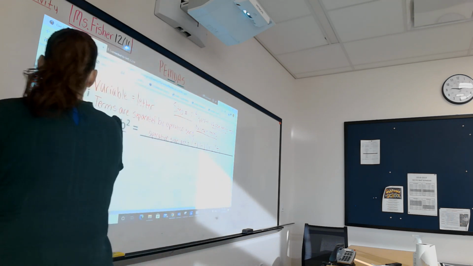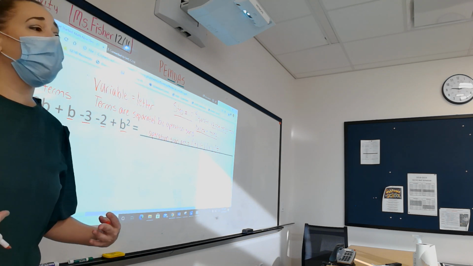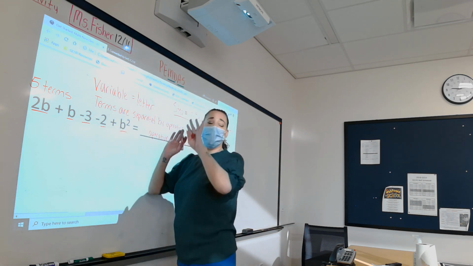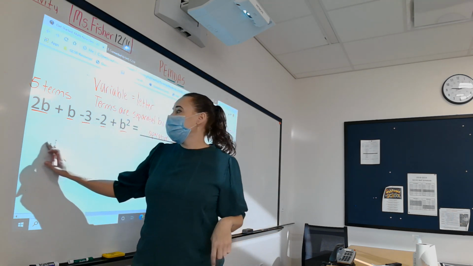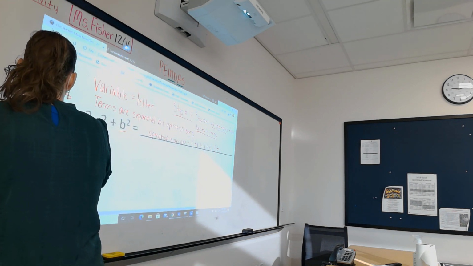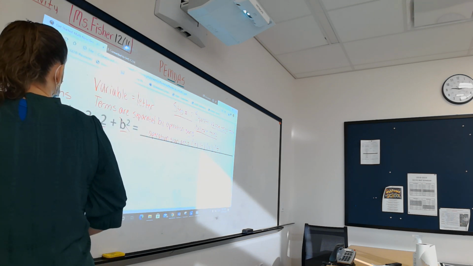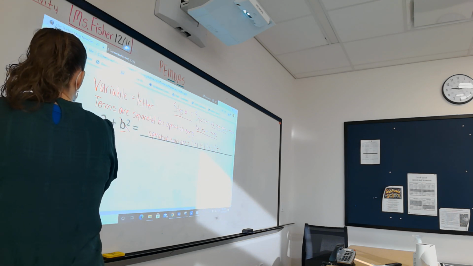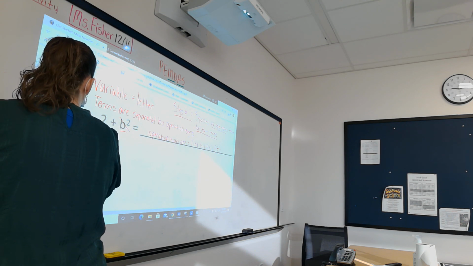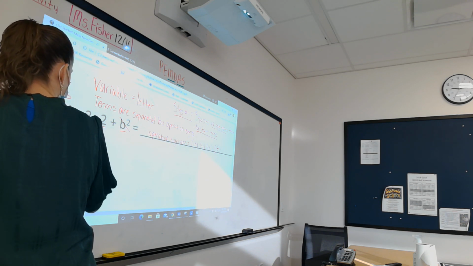Okay? Now that we understand the variable terms that are to the highest degree, the highest power, go first, I'm going to naturally separate that way, okay? So I'm going to say b squared, okay, and I'm going to cross it off. All right, and then I'm going to say plus 2b plus b, so cross off the 2b, cross off the b.